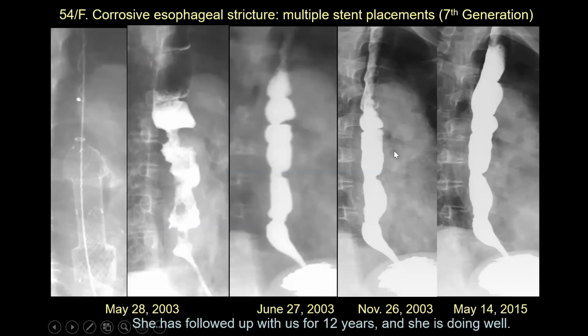These are esophagograms obtained immediately after, and 1 month after stent placement, 6 months after stent placement, 12 years after stent removal. She has followed up with us for 12 years, and she's doing well with no further recurrence. I still remember her sincere cooperation.